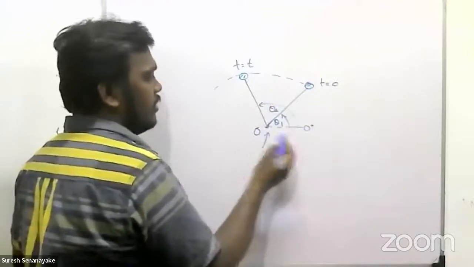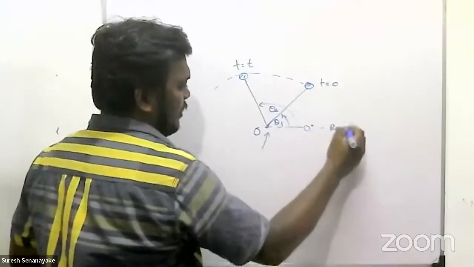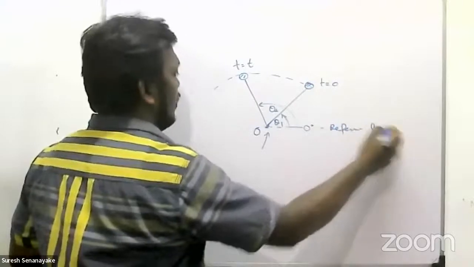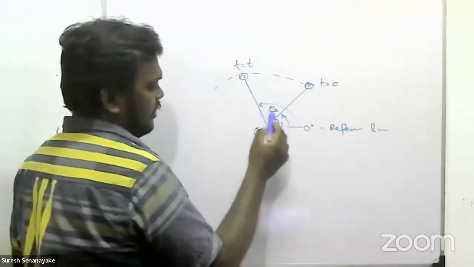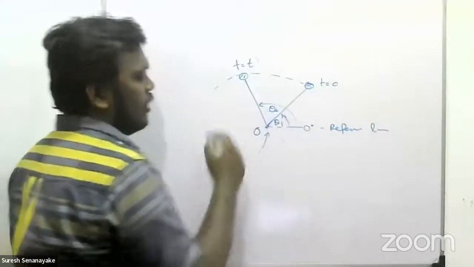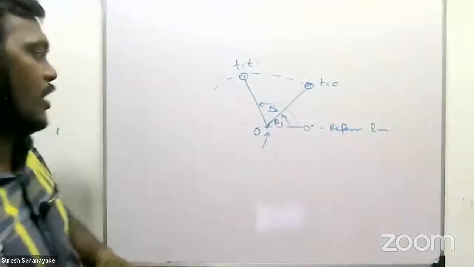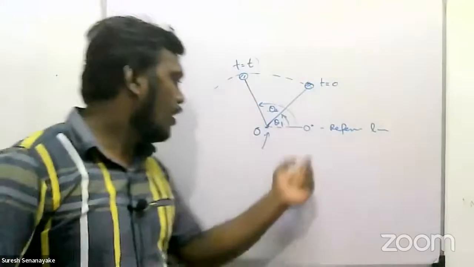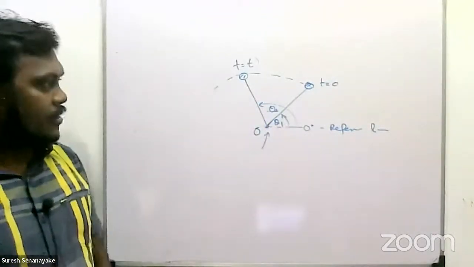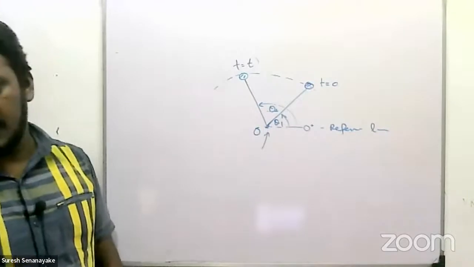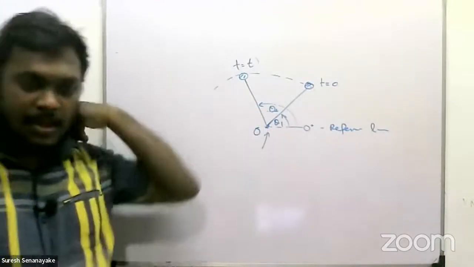This is the reference line. So at time t, the angular position is theta 2. If this angular position changes with time about a fixed axis or fixed point, we call the object to be executing an angular motion.